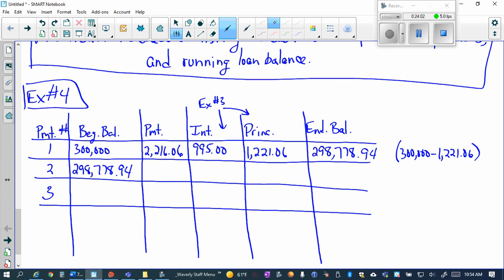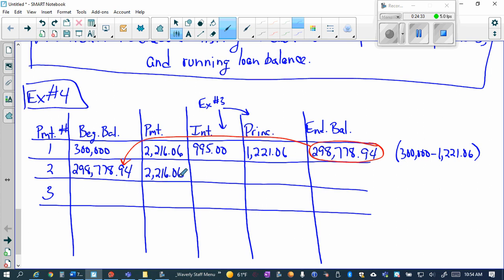Weird stuff, right? So the ending balance gets brought over to be the beginning balance for the next one. Okay. All right, so our payment, that never changes, right? That's still $2216.06.